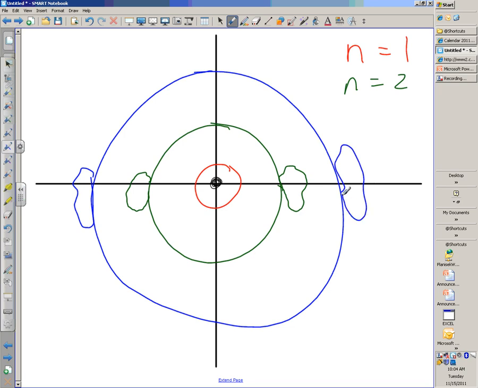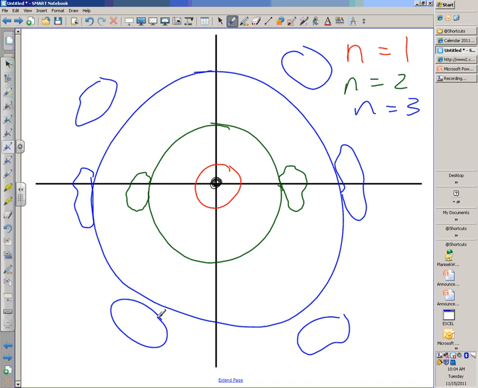Okay. So, Allison, what's blue going to represent? N equals 3. But within n equals 3, there's some L's. There's a big circle. Then there's this one that kind of looks like a figure 8. And then there's one that sort of looks like an X, which I know doesn't quite look like that because I'm drawing a 3-dimensional representation in 2 dimensions.